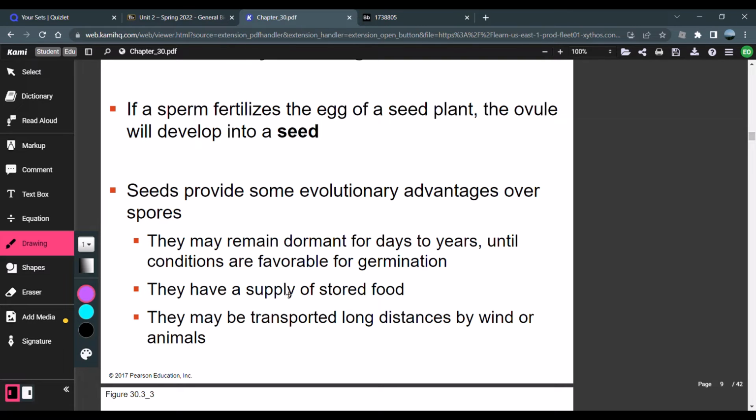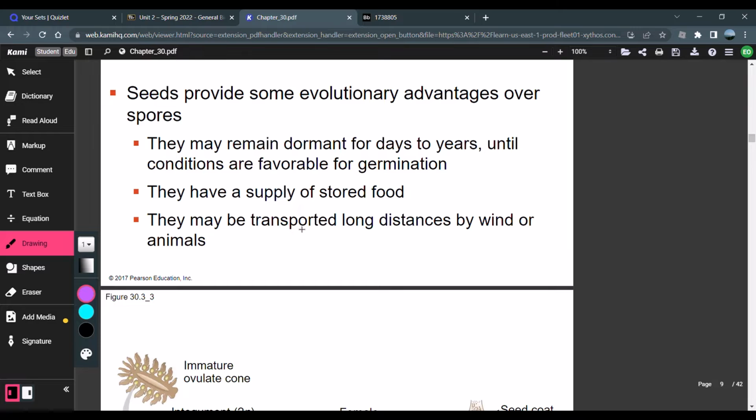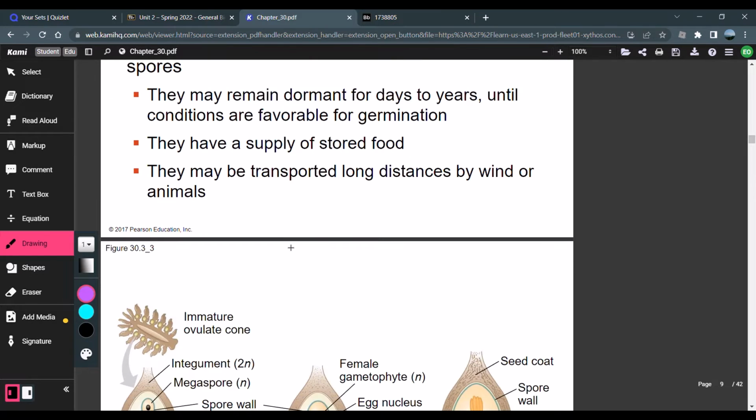They have a steady supply of stored food, the food supply formed by the endosperm, and they may be transported long distances by wind or by animals. So some seeds are carried away by the wind, and some animals eat the fruits that contain the seeds.